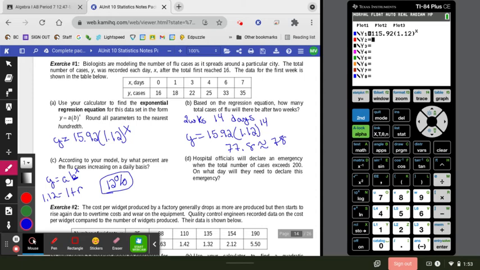So I can look at this, and I entered something wrong there. I can look at my table to see when it's at 200. Or I could do a second graph of Y equals 200, change my window so that I get up that high.